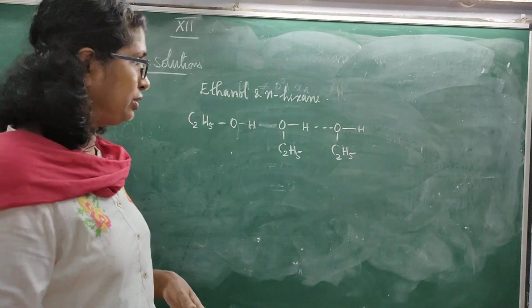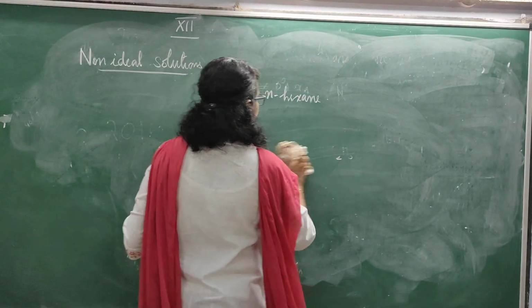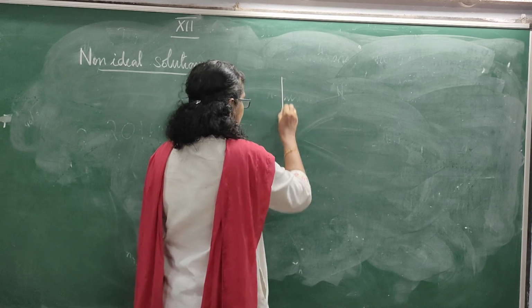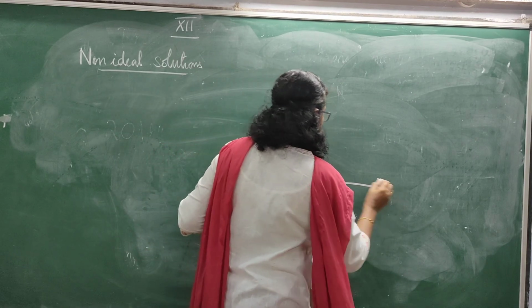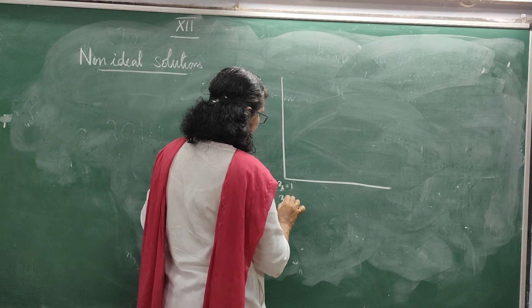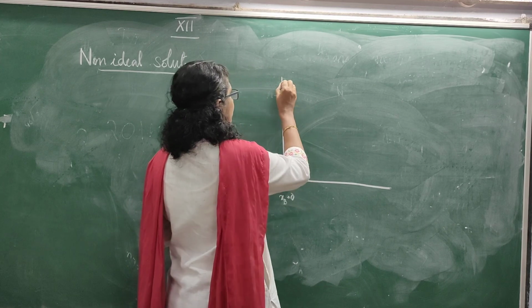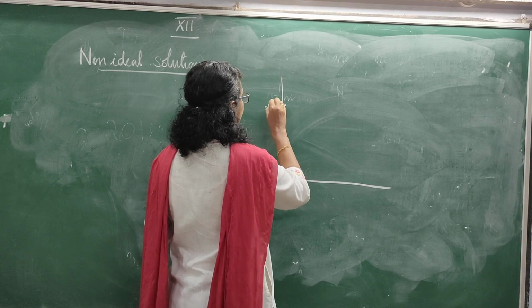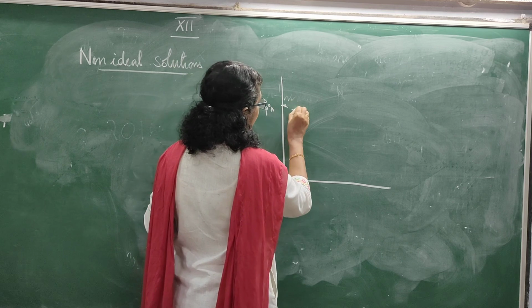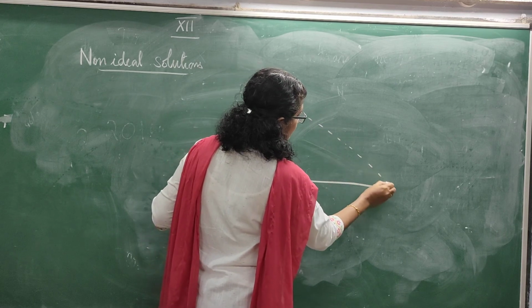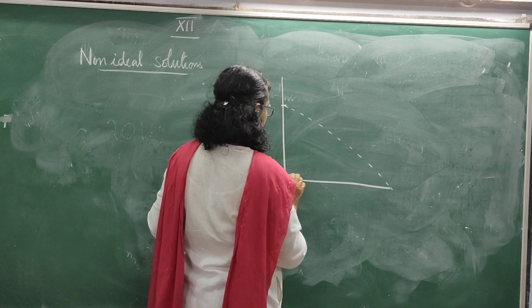Now if you plot a graph, our ideal solution graph is Raoult's law. We take XA equal to 1 and XB equal to 0 for ethanol. This is P naught A. Then when we add N-hexane, this is what we expect.